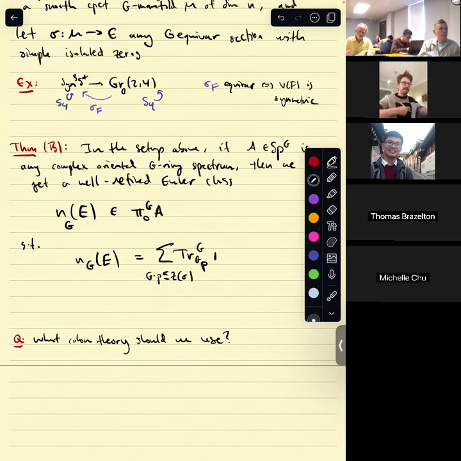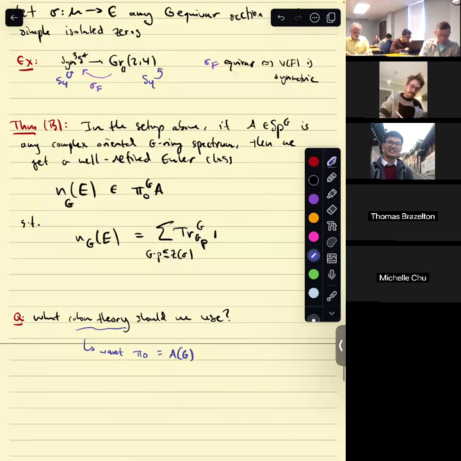I was integrating each of the individual pieces of this, and then I was summing it up, and I was getting something in pi naught of HZ, which is Z, right? And so I'm wanting some cohomology theory whose pi naught is baking in this data that we're caring about. And I would want pi naught to be equal to the Burnside ring of my group G.